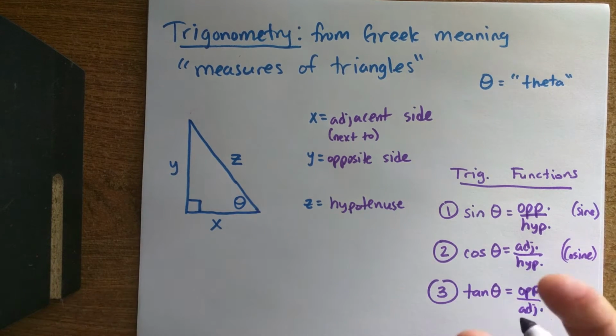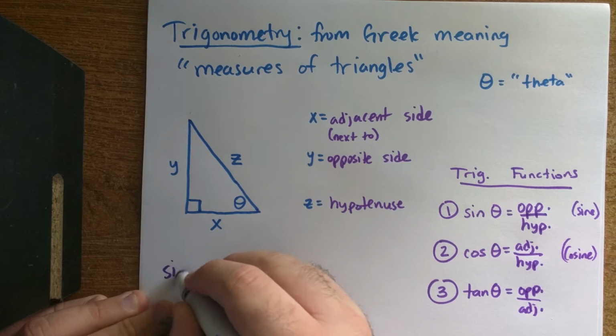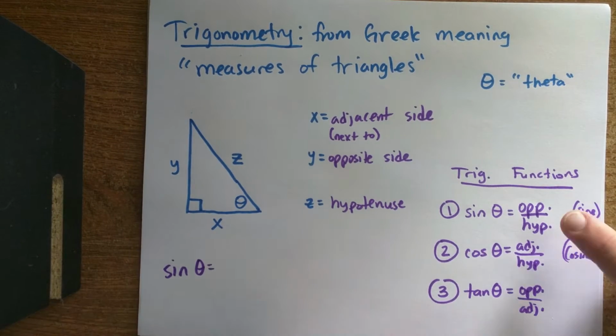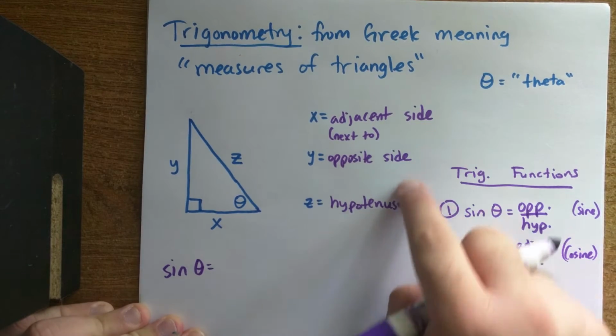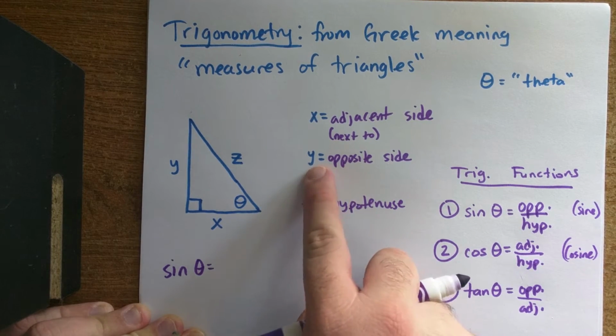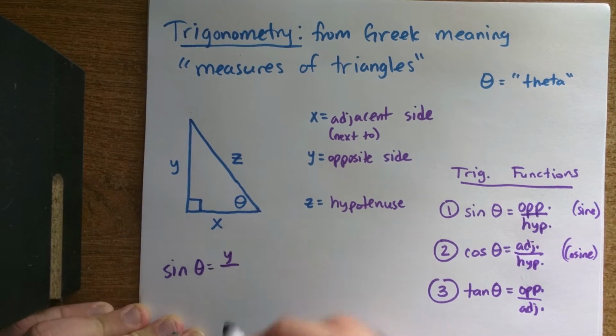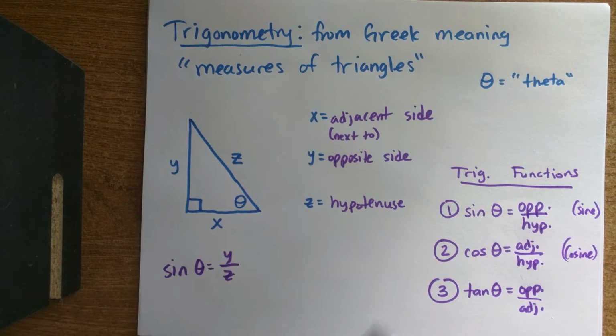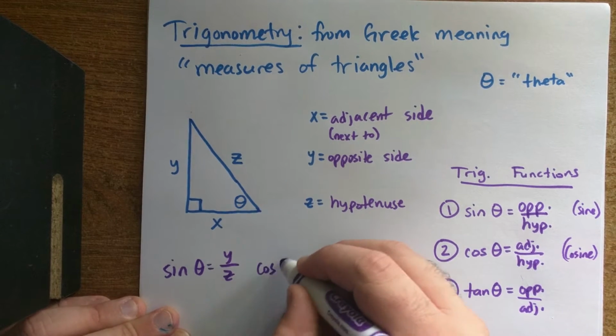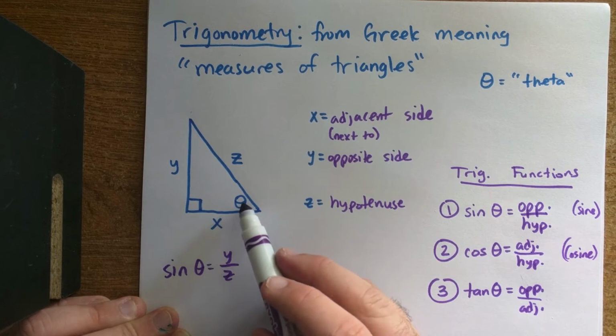So for this triangle, for example, if I was to say, what's sine theta? Well, sine theta is my opposite over my hypotenuse. Remember how I defined it before? My opposite was y, so it's going to be y over whatever my hypotenuse is, which we said is z. Let's finish this off real quick. Cosine theta, well, theta's right here.